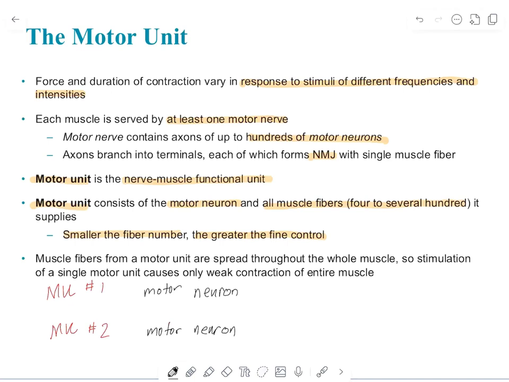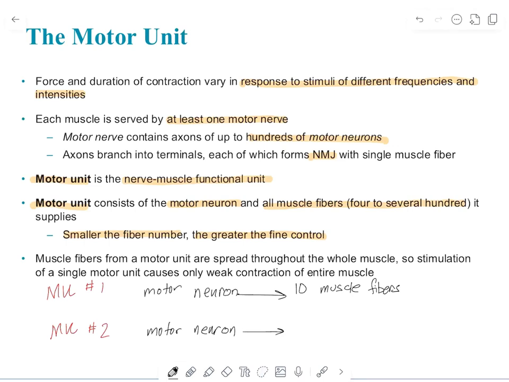And those TVs would be like the muscle fibers. So let's say, for sake of argument, that motor unit number one has a motor neuron that sends a signal to 10 muscle fibers. So you can imagine a cable coming into a house split to 10 different TVs.